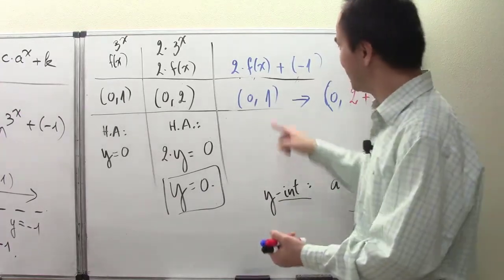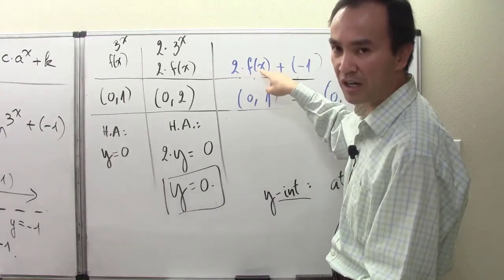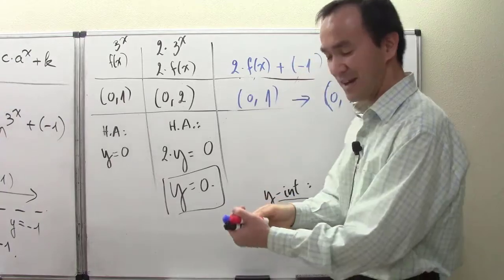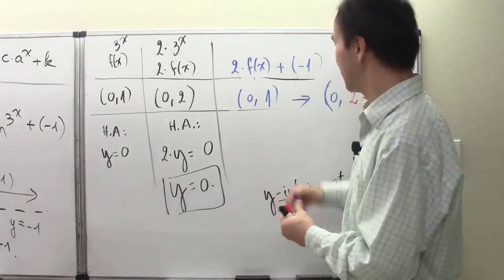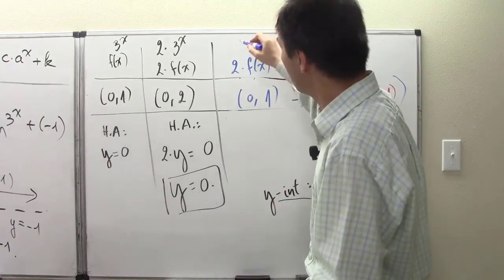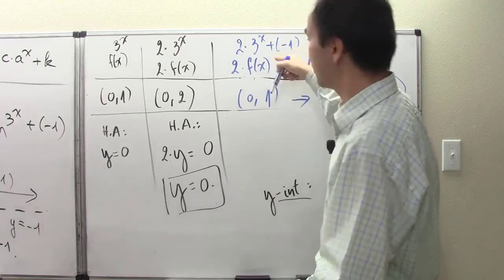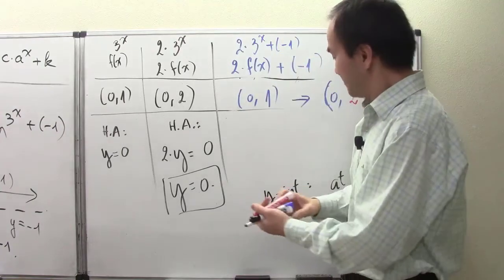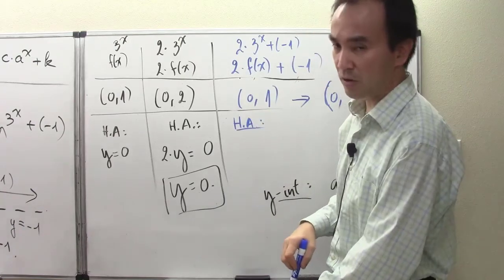So now from here, our final destination is, after multiplying 2 to every y value, we're going to add the -1. And so now the horizontal asymptote for this final function. This final function was 2 times 3 to the x plus a -1, as we already saw from the other board. So the horizontal asymptote for this can be explained as follows.